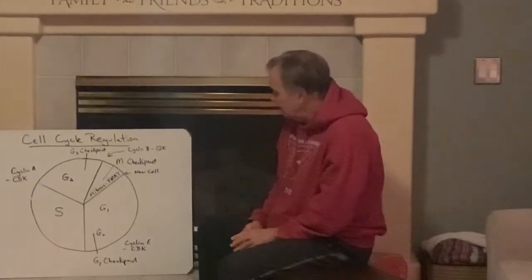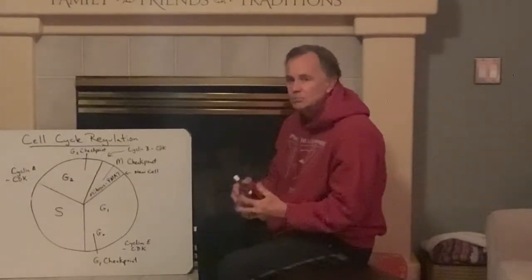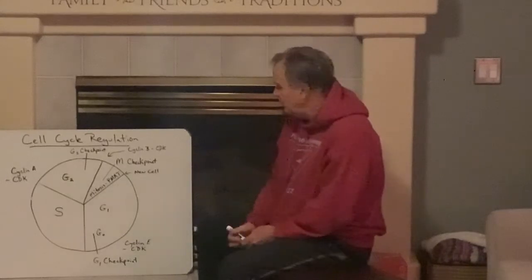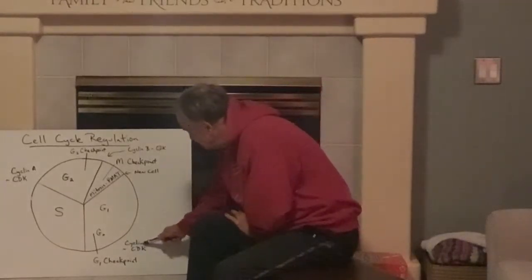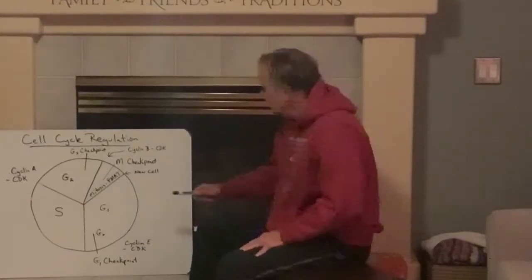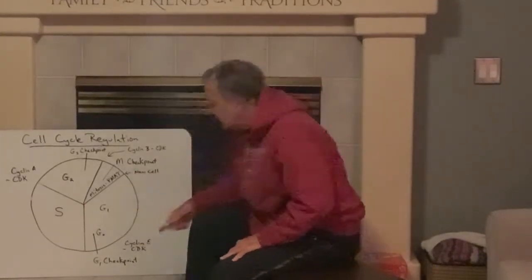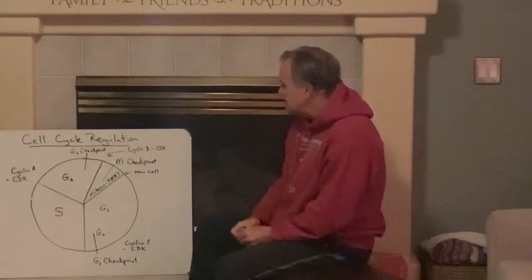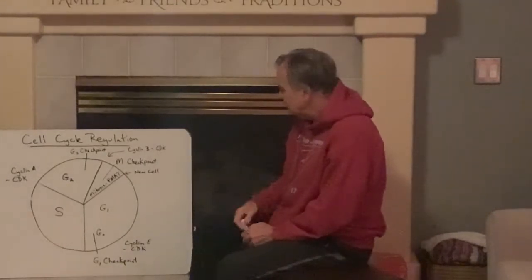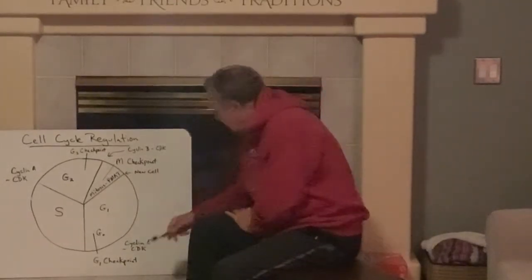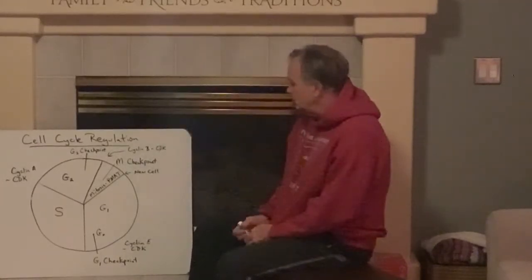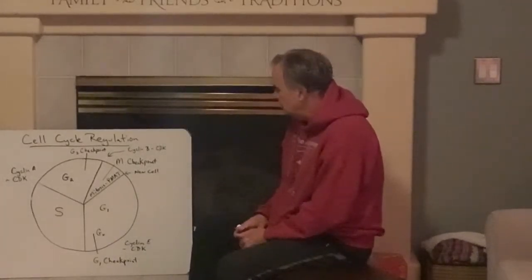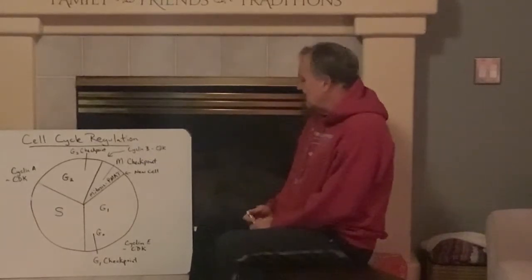So they phosphorylate proteins, and those proteins will then turn on things or do their work. So in this case, when this cyclin gets to a certain level, when everything is checked out here, it's the right size, has enough nutrients, and is ready to go into S phase, this cyclin level will go up. It'll activate this CDK, and that'll produce these proteins, which then do their job and move it into S phase.